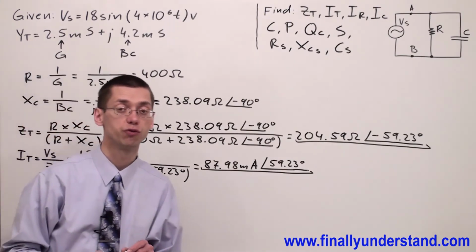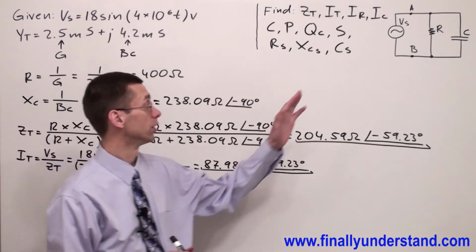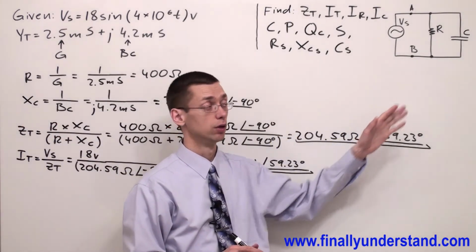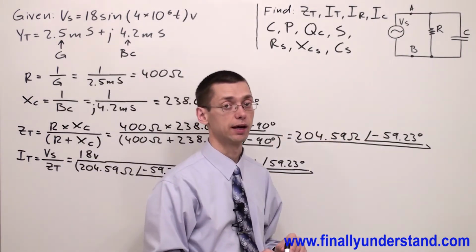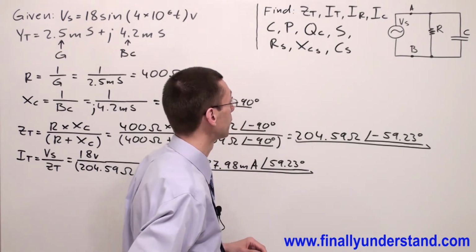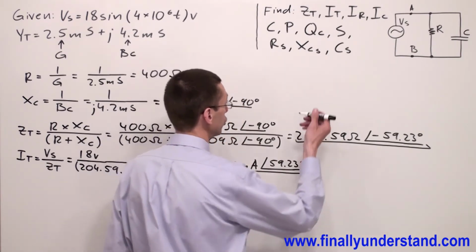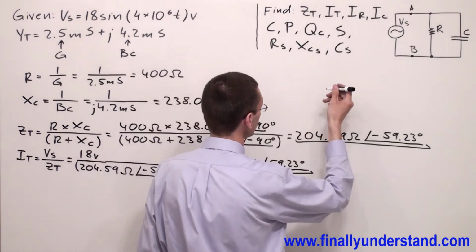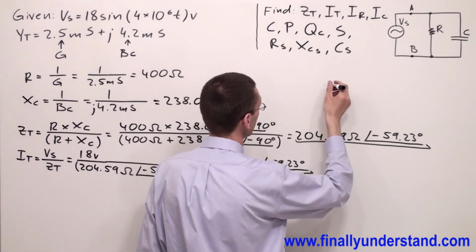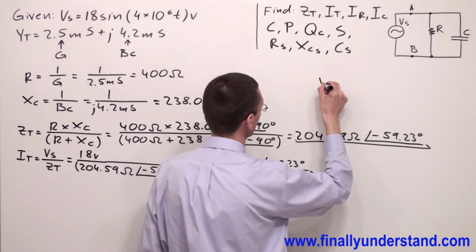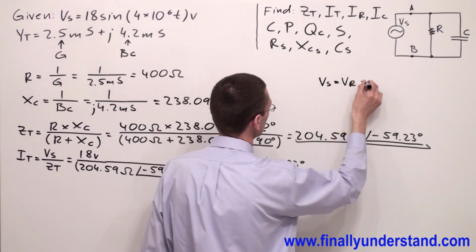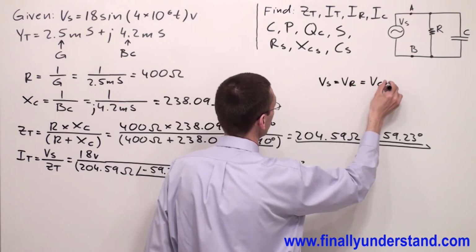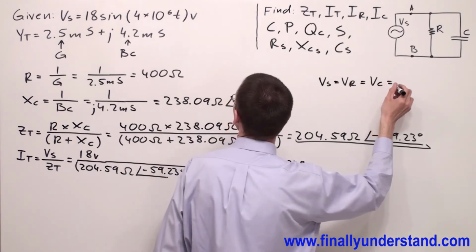Next, I'm supposed to find the current which goes through the resistor and capacitor. Because these two components are in parallel, I'm going to use Ohm's law, and you have to keep in mind that the voltage source is equal to voltage across the resistor, and this is also equal to voltage across the capacitor. Everything is equal to 18 volts.